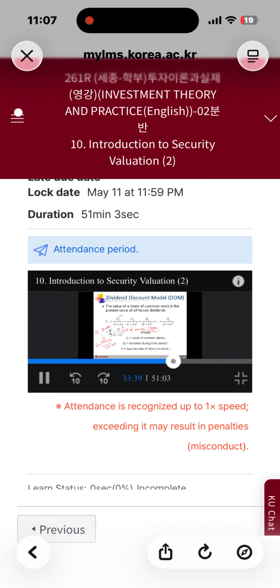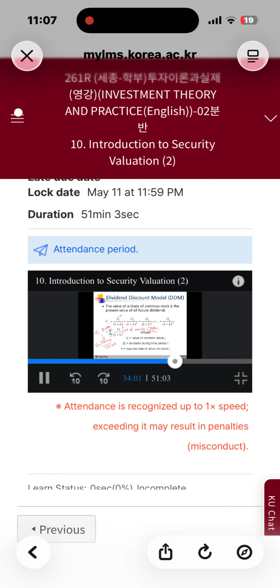So this is the discount rate. And the dividend discount model assumes that the cash flow distributable to shareholders is the dividend, or that the earnings and the dividend are the same measure.